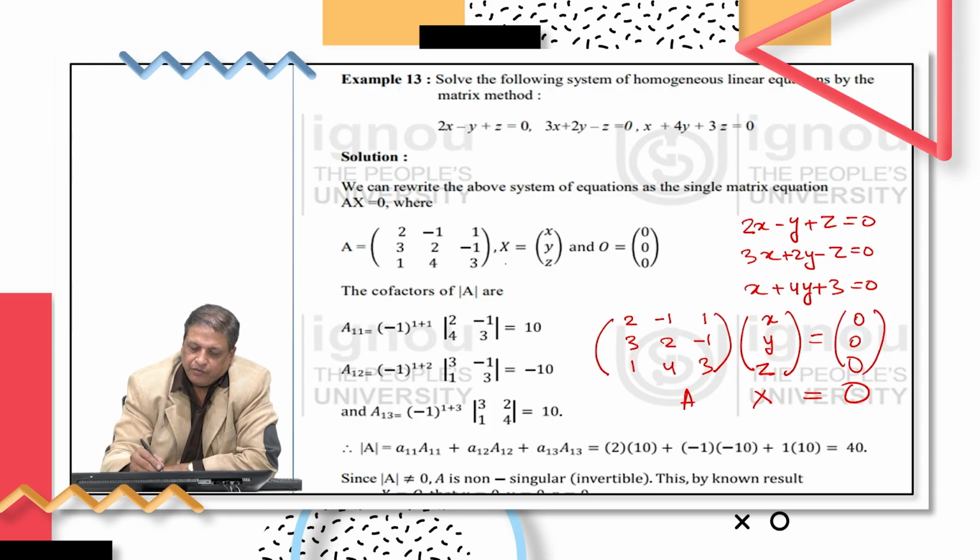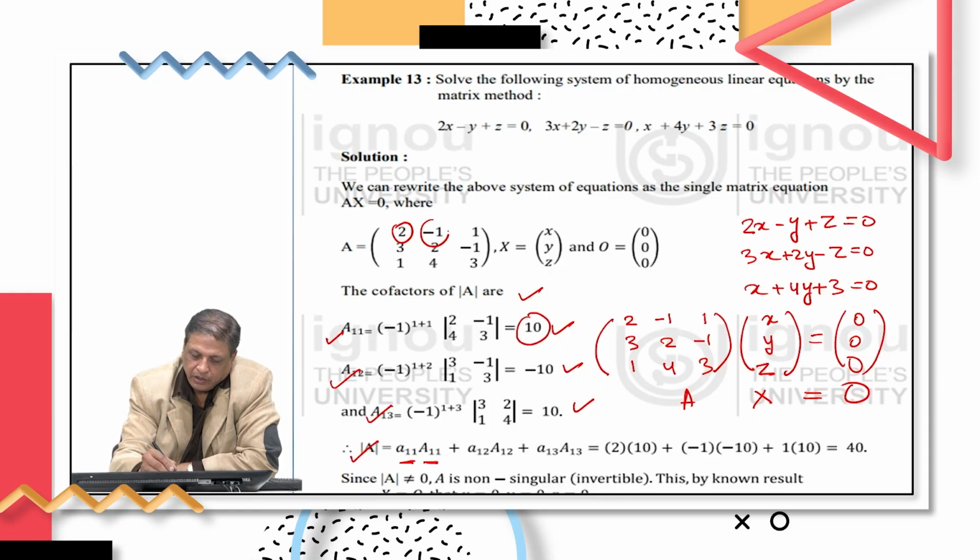So that means again we are supposed to find the cofactors. So we found A11, A12, A13. So the determinant A will be equal to a11 into A11. Small a11 is 2 and capital A11 is 10, small a12 is minus 1 and the cofactor A12 is minus 10, and small a13, that is the element value of A, is 1 and the cofactor A13 is 10.